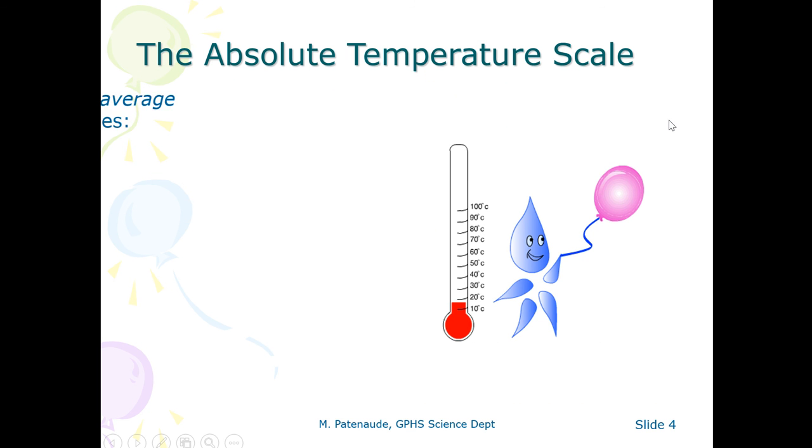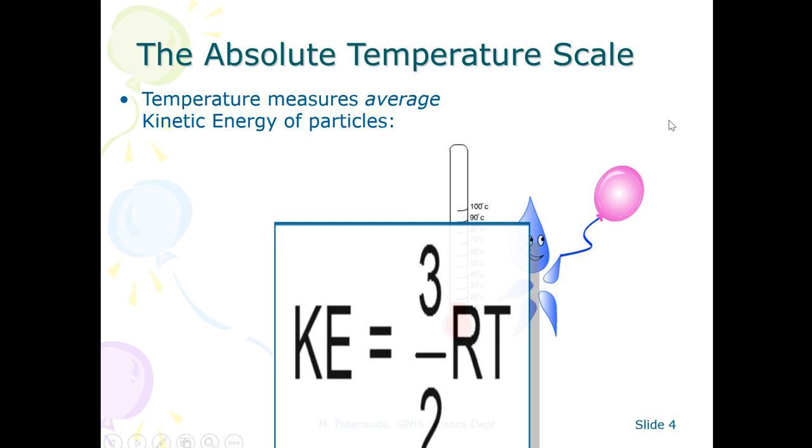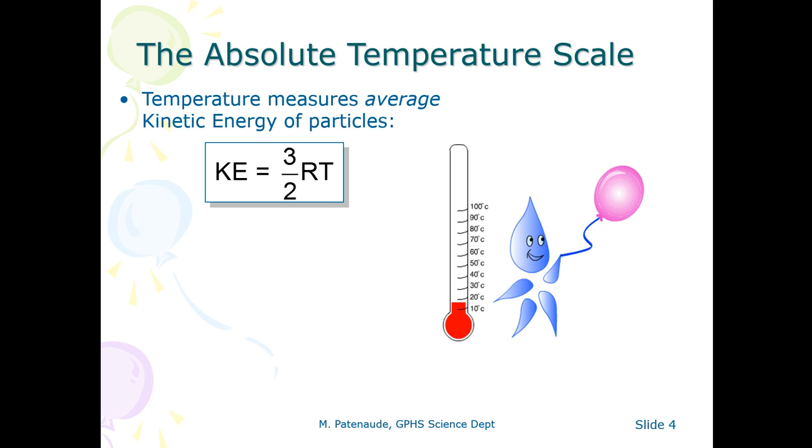Let's just quickly talk about absolute temperature and what it actually means. We usually think about temperature as just meaning how hot or how cold something is, but that's actually rather imprecise because temperature has a much more specific meaning.